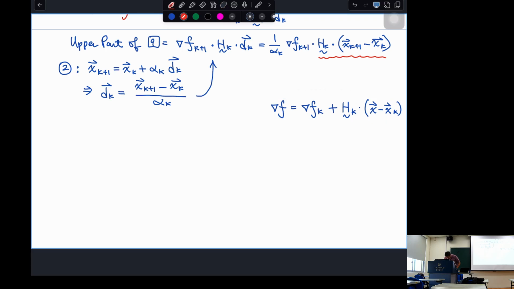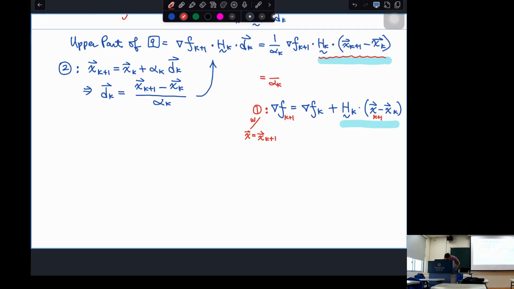Did you notice that if I recall equation 1 and plug in x equals xk plus 1, I end up with this, and right here, this term is this term, right? Exactly the same one. So now the upper part of 9 can be rewritten.